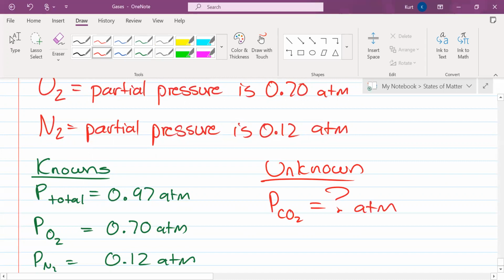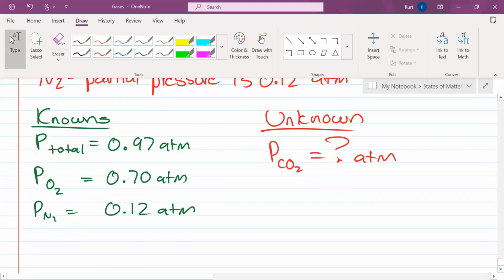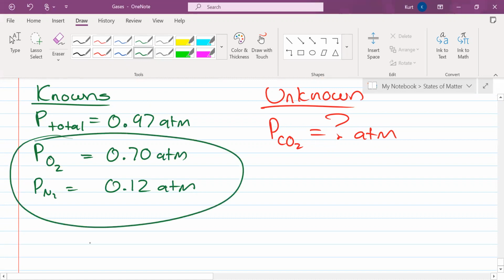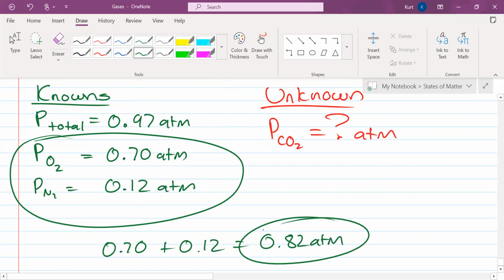Jade, how do I find our missing one? So basically we have A plus B plus C equals 0.97. We have A and B, we're missing C. What do I do? Add the knowns together and subtract it from the total. Add all three knowns, or the partial pressures? Okay, so 0.7 plus 0.12 equals 0.82 atmosphere. What do I do now?